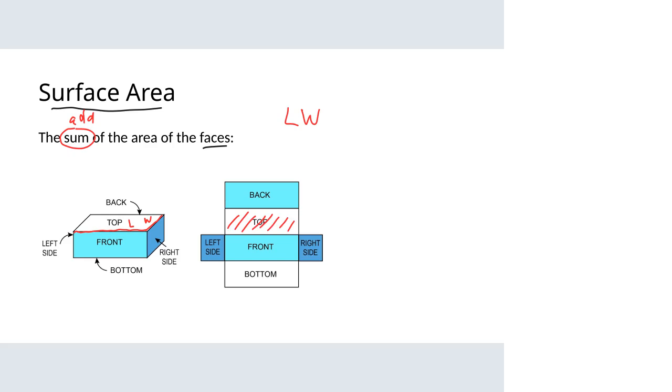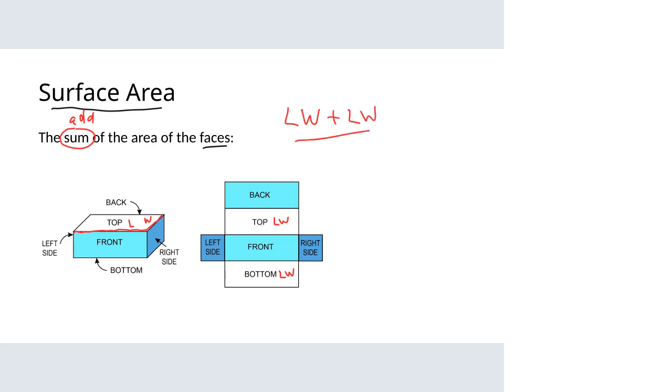One thing that's true about this box, and let me know if this isn't obvious to you, is that the top and the bottom are going to have the same area. So the top is length times width, and the bottom is also going to be length times width. So essentially I could do length times width plus length times width, but I could streamline that a little bit.